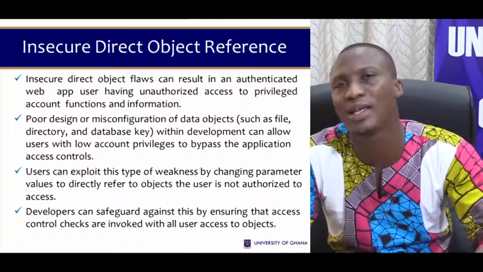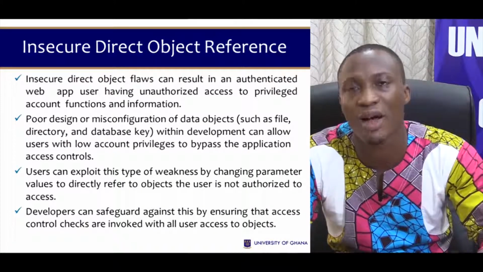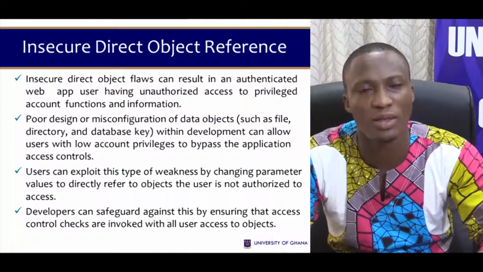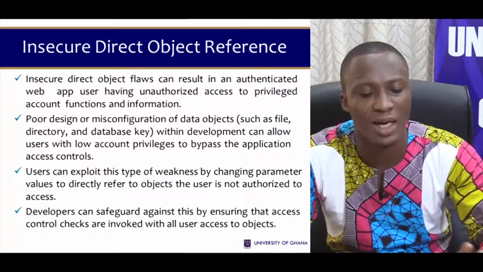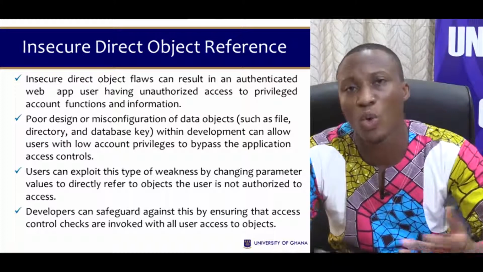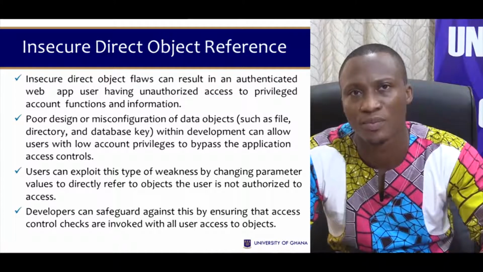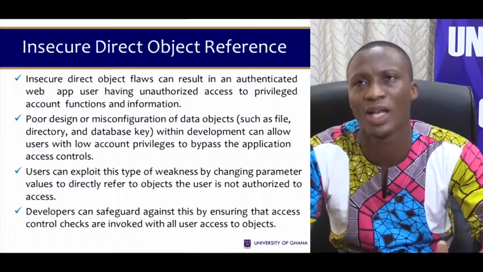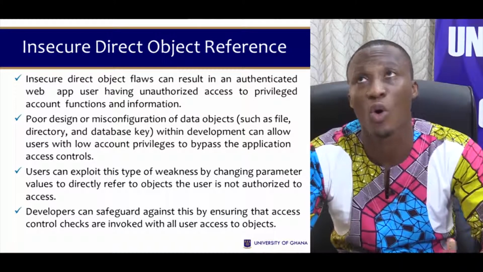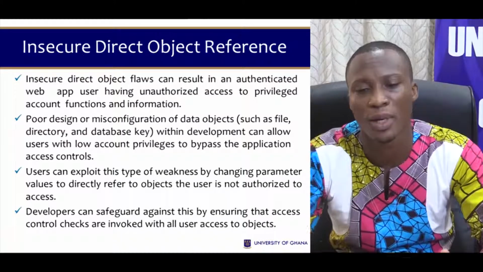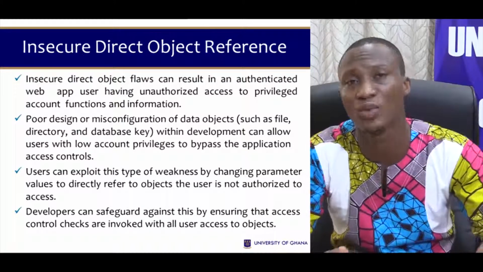Poor design and some misconfiguration of data objects such as files, directories, and database keys within any development can allow an attacker or user with low account privileges to bypass all the application access controls. So one doesn't have the authority to access some part or all of a web app, but one way or the other, the user or the attacker gets to do that.